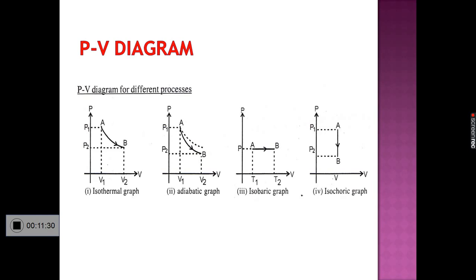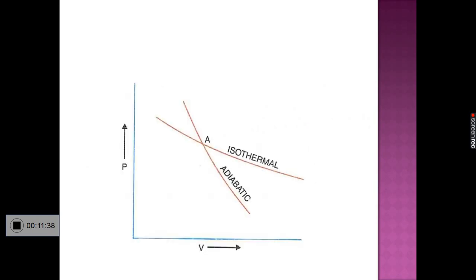So adiabatic PV diagram is steeper than isothermal PV diagram, or we can say that the slope of adiabatic PV diagram is greater than the slope of isothermal PV diagram. We can show this result mathematically.